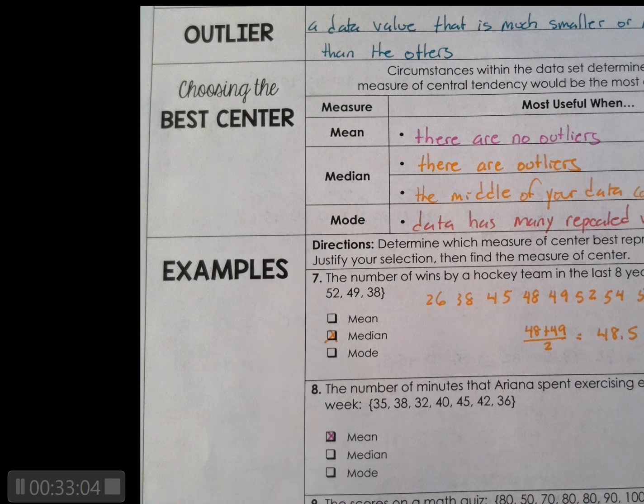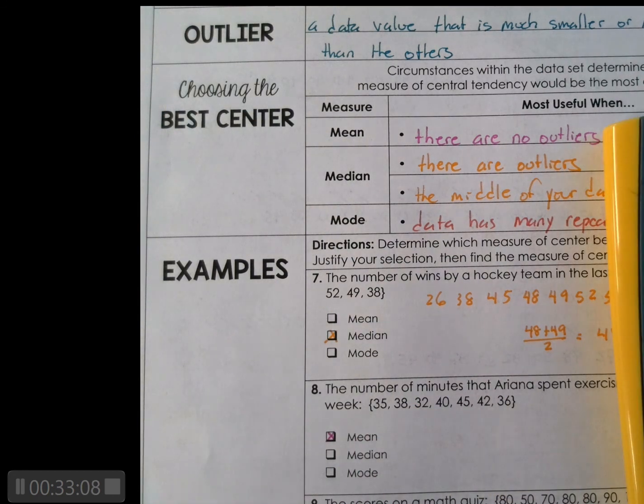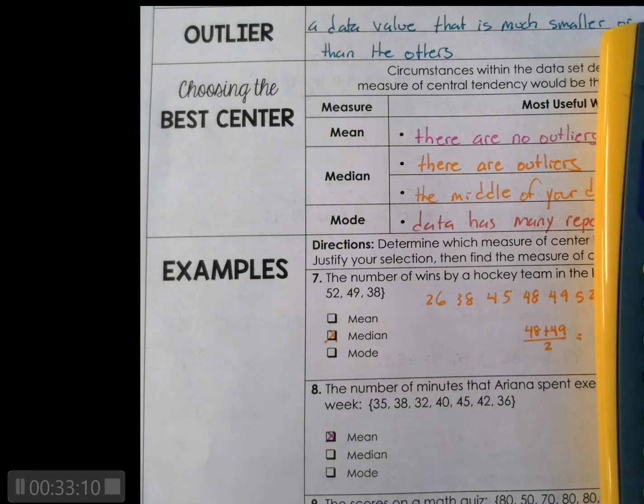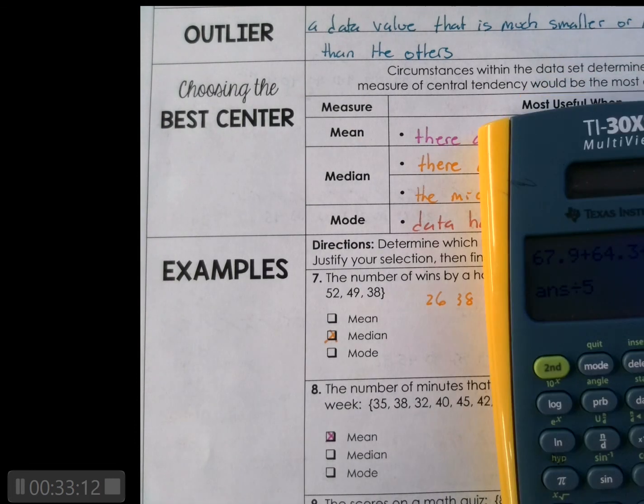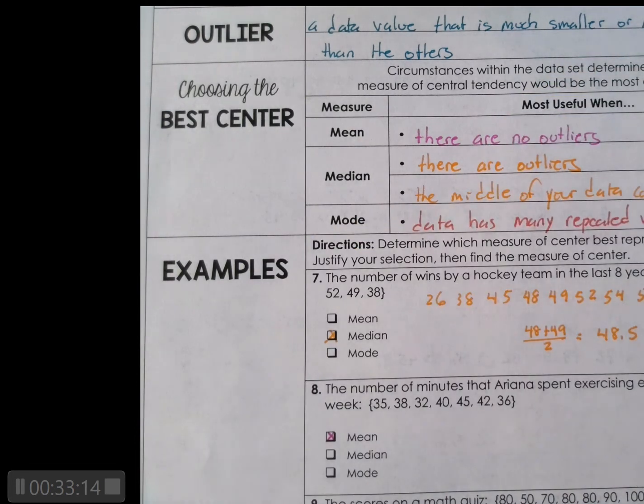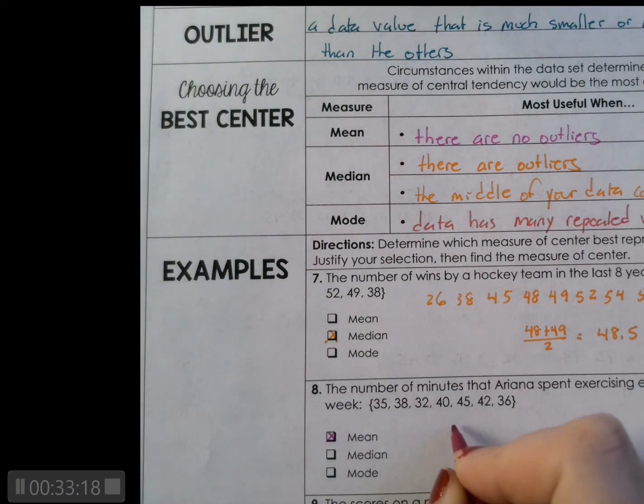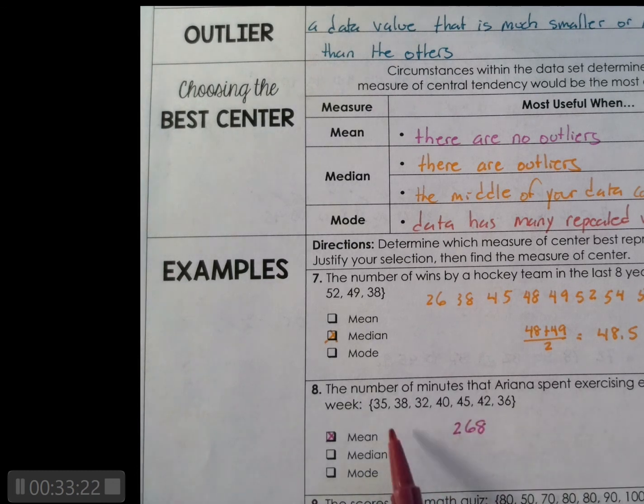And then I'm going to add up all of these numbers and divide by the number of numbers. So when we add up all of these numbers, I'm just going to do it off camera. Okay. So if we add up all these numbers, we're going to get 268. And then there's 1, 2, 3, 4, 5, 6, 7. Divided by 7. That's going to give us 38.3.